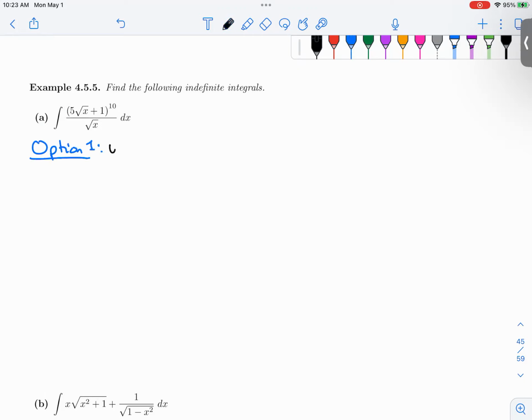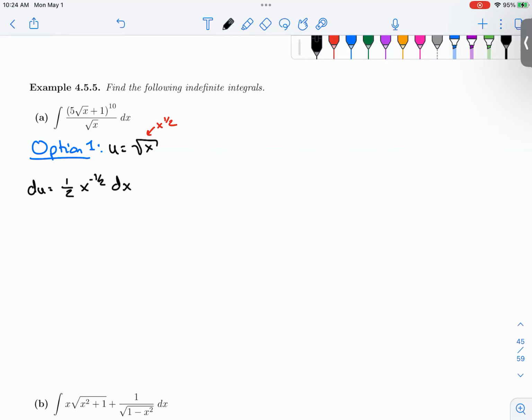Let's make u equal to square root x. You see the denominator, maybe you space out for a second and ignore the case where you look for higher powers, and you decide to just make u equal to the square root of x. Remember, that's x to the 1/2. So du is equal to 1/2 times x to the -1/2 dx.